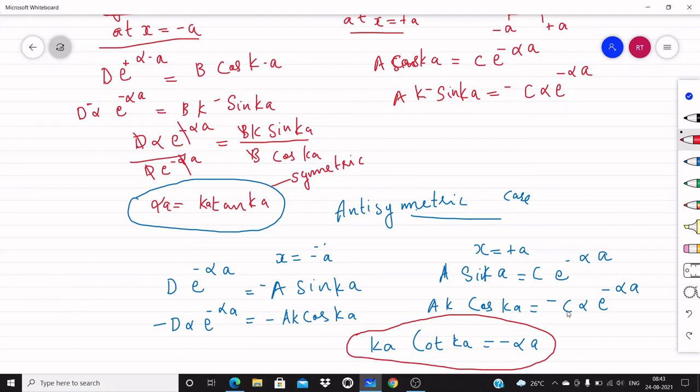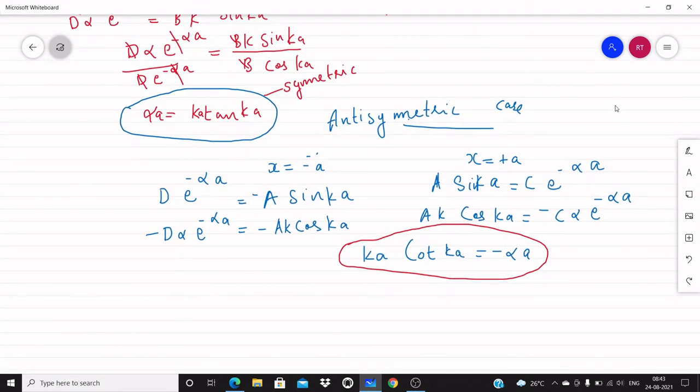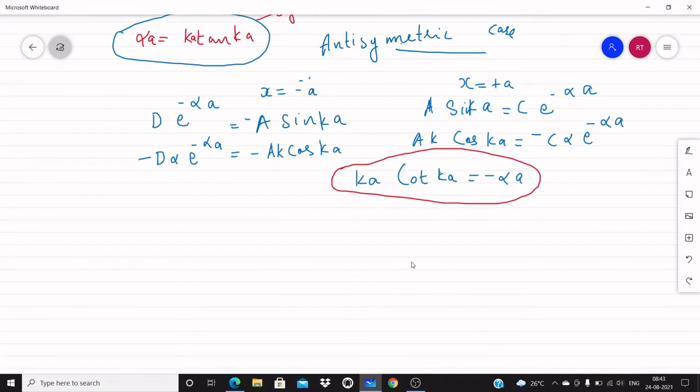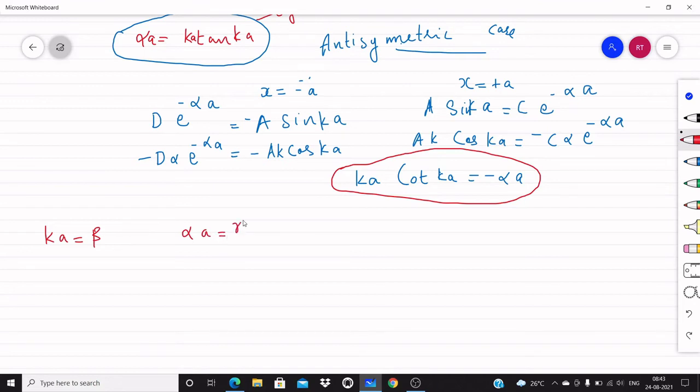Now the next task is to analyze these two equations, and let us take ka is equal to beta and alpha a is equal to gamma.